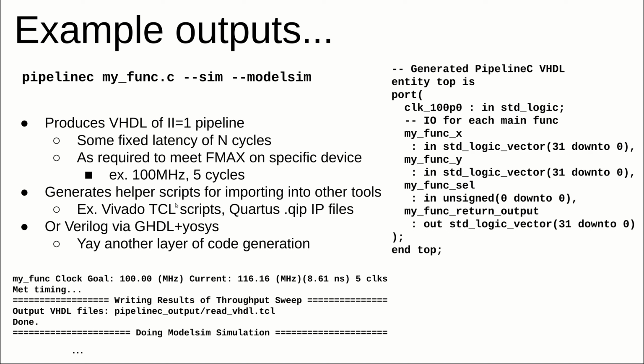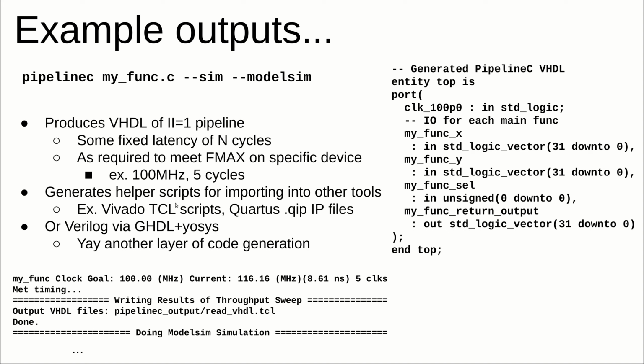What's actually inside here is a pipeline with an initialization interval equal to 1. PipelineC doesn't produce any other initialization intervals. Like I mentioned earlier, some HLS tools can do that, but that's not what PipelineC is doing. It's as-needed pipelining to meet the operating frequency, aiming for a not over or under pipelined situation, which is right on.